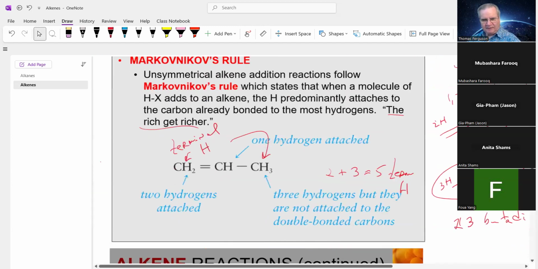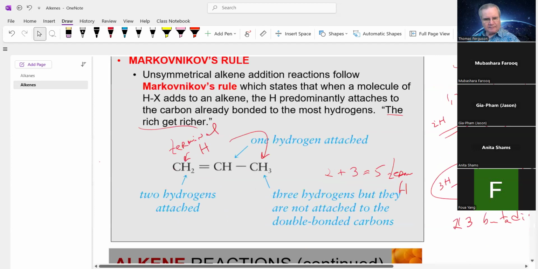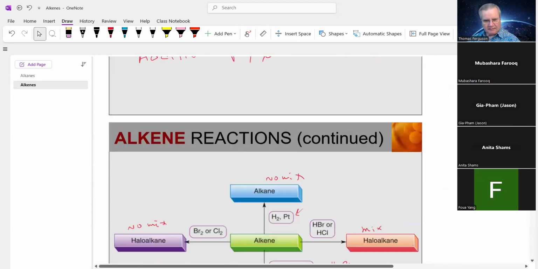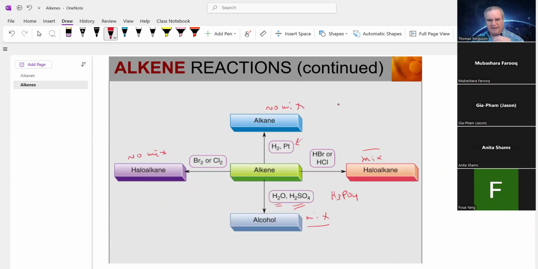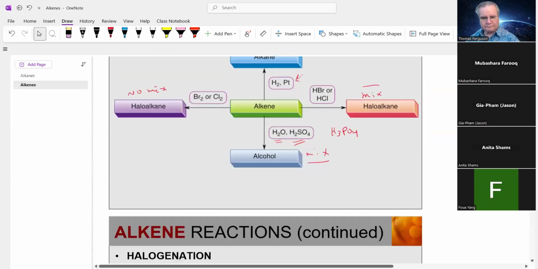So when we go back up here, and I mentioned way up here, mix and mix. Always look at the results. Now, you may not have a mixture, but you may have a mixture. And when I say mixture, I'm talking about different products.